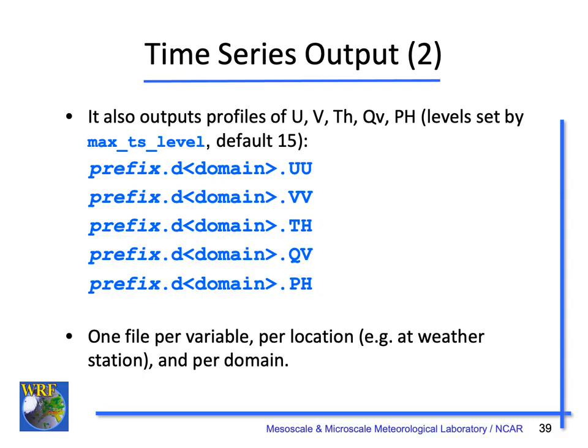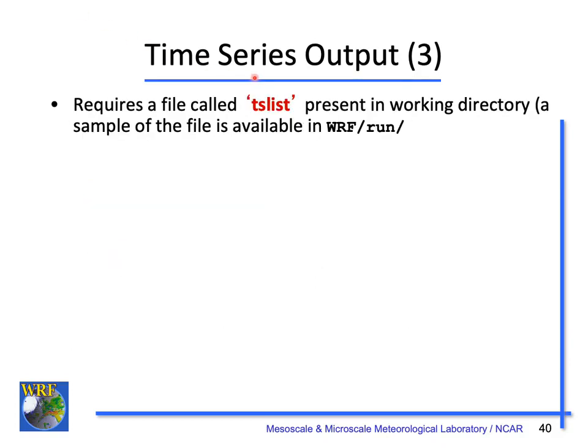In addition, we also get time series output of lower atmospheric profiles of wind, potential temperature, and so on. Here we have one variable per file, per location, and per domain. The time series output is activated by the presence of a file called tslist in the working directory.